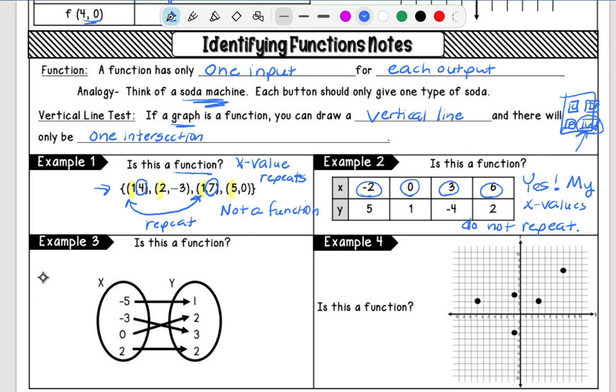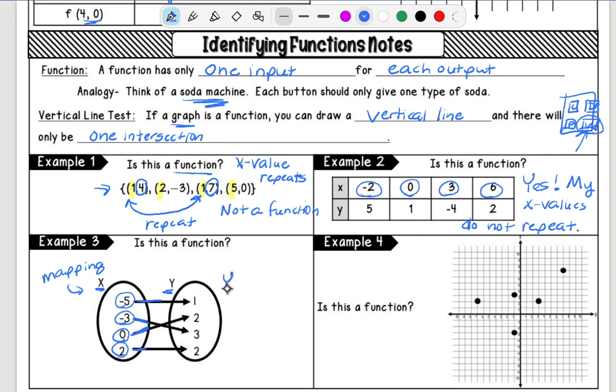This is what's called a mapping. It's just a way to summarize your x's and your y's. So this is my x part and this is my y part. What we've got here is a -5 and one line coming from it, -3 and one line coming from it, 0 and one line coming from it, and 2 and one line coming from it.